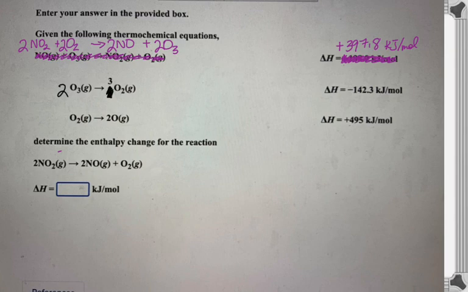Because 3 halves doubled is 3. And then what do I do to this one? I double the equation. I need to double that. It's not going to change the sign. It's still going to be negative because I didn't flip it. Negative 284.6 kilojoules per mole. And I'm going to get rid of that one.